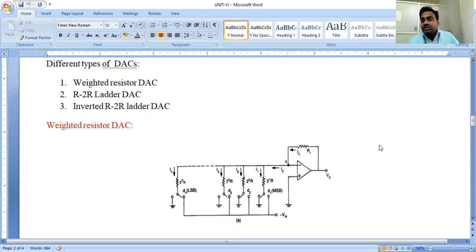This is a combination of active elements and passive elements. The weighted resistor type digital to analog conversion is constructed using a negative feedback type operational amplifier, and a series of resistors connected to the inverting terminal of the operational amplifier.